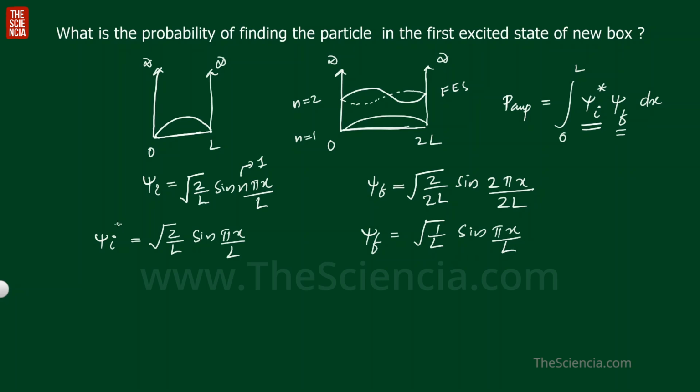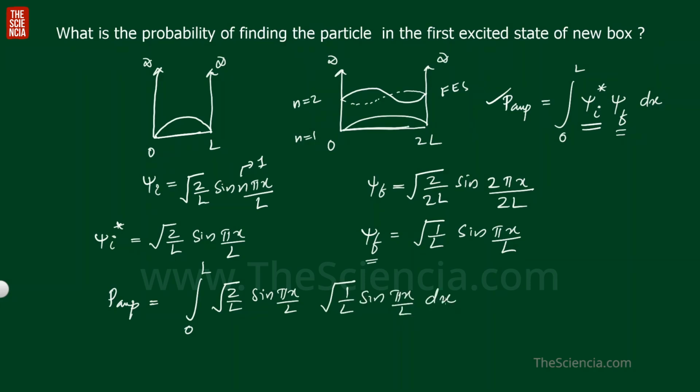And if you take the conjugate of this initial wave function, there are no complex terms, that is, i terms are not there, so we get the same wave function, right? Now we can substitute those values in the equation: probability amplitude is equal to the integral from 0 to L of psi initial star, that is root of 2 by L sine pi x by L, into psi final, that is root 1 by L sine pi x by L, into dx.